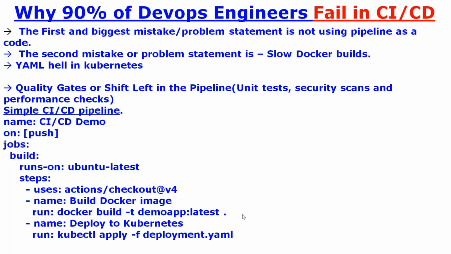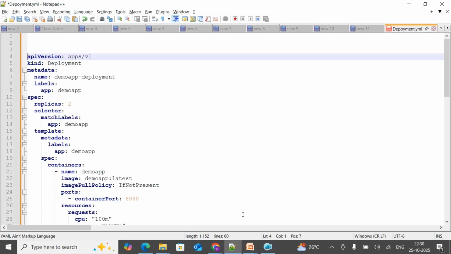And we can deploy into the Kubernetes cluster. Now let me show you how the deployment YAML file looks like. Okay, this is a deployment.yaml. So here in the example, you have a Docker image called demo app:latest, and you are deploying it into the Kubernetes cluster that was built by using GitHub Actions.